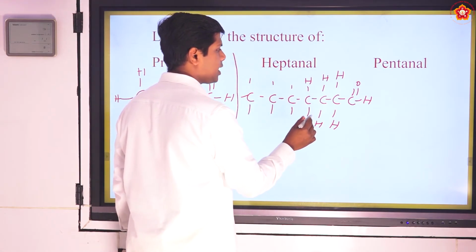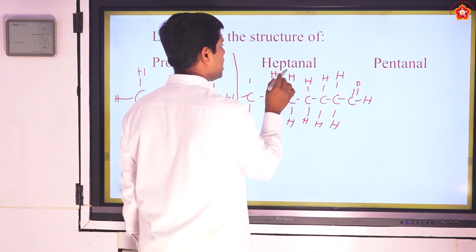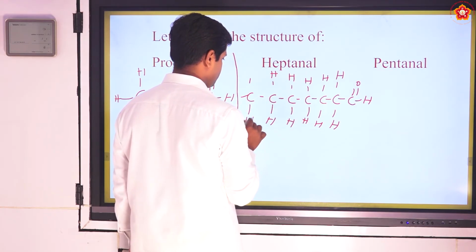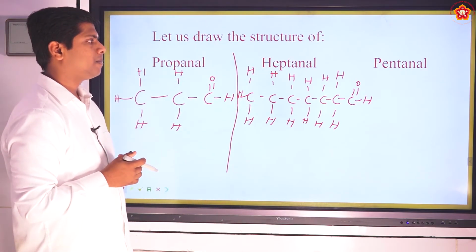The first carbon and its hydrogen atoms are replaced by the aldehyde group, that is the CHO group. Then it becomes heptanal. This is the structure for heptanal.